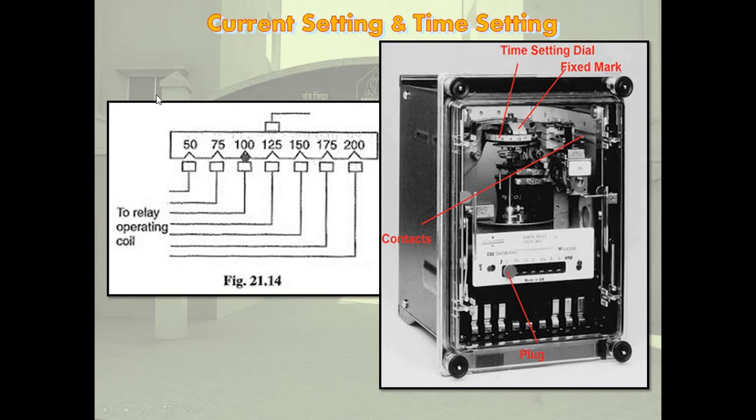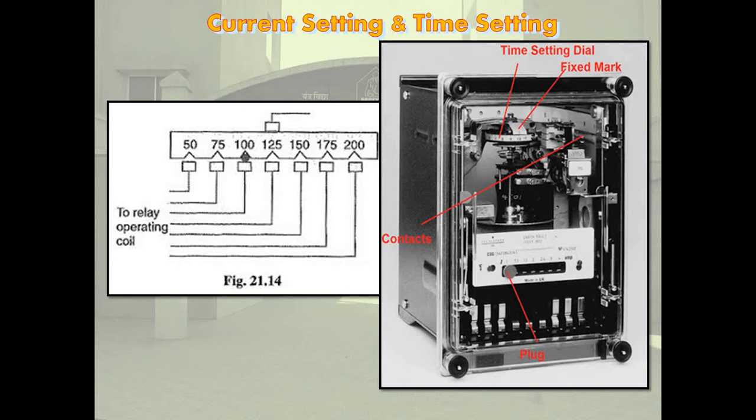The settings for an overcurrent relay are 50%, 75%, 100%, 125% up to 200% in steps of 25%, while for an earth fault relay they are from 10% to 70% in steps of 10%.